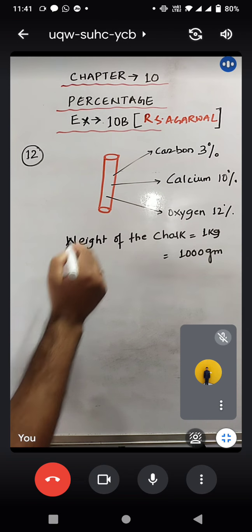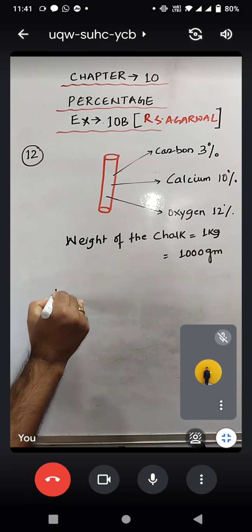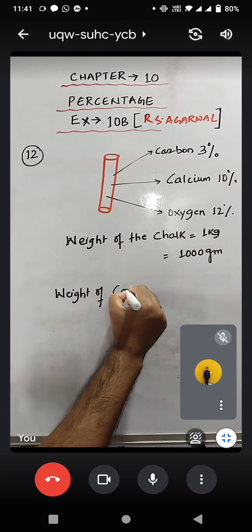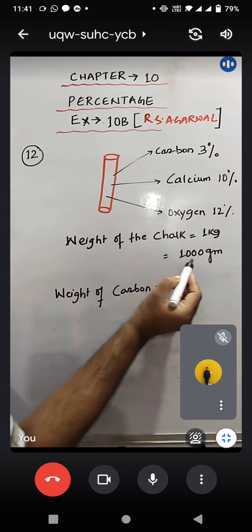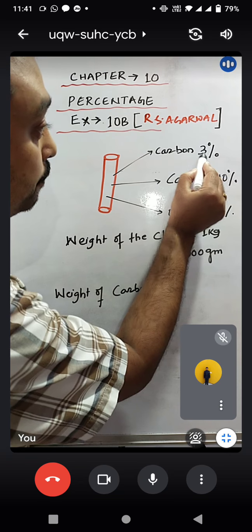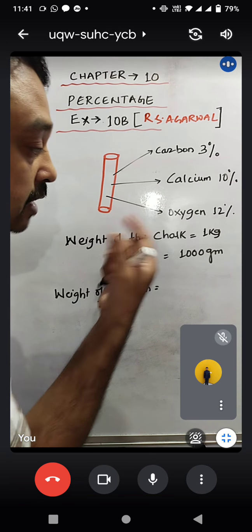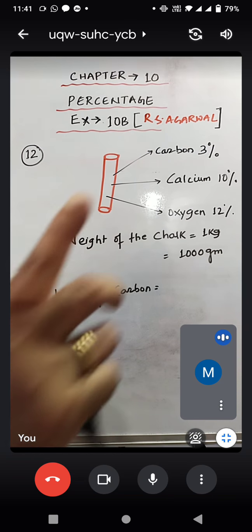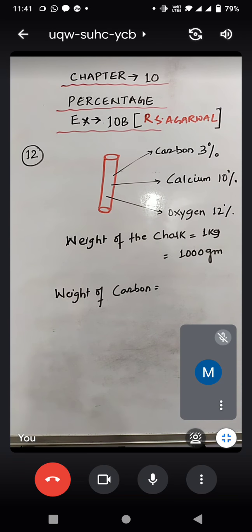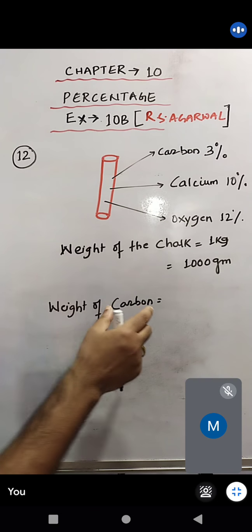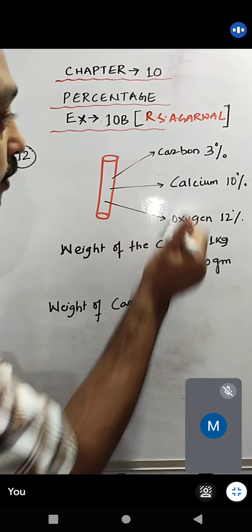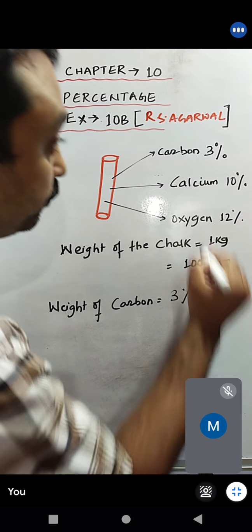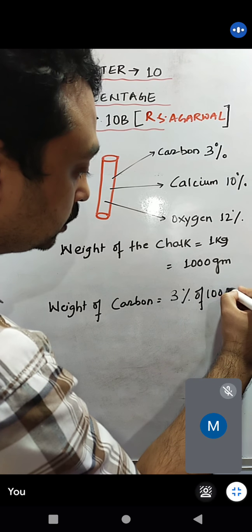So the first thing that we'll find is the weight of carbon. Out of 1000 gram, only 3% is carbon. So the weight of carbon is 3% of this whole weight, that is 3% of 1000 grams.